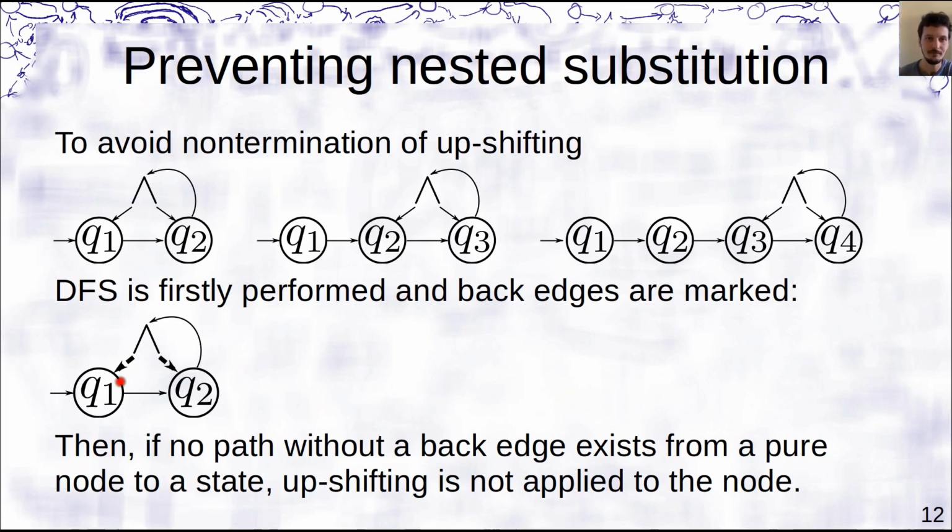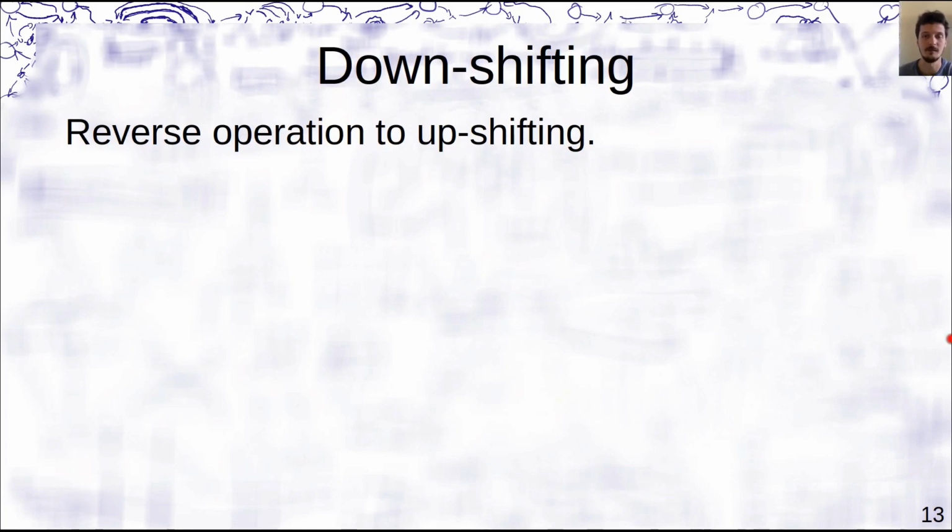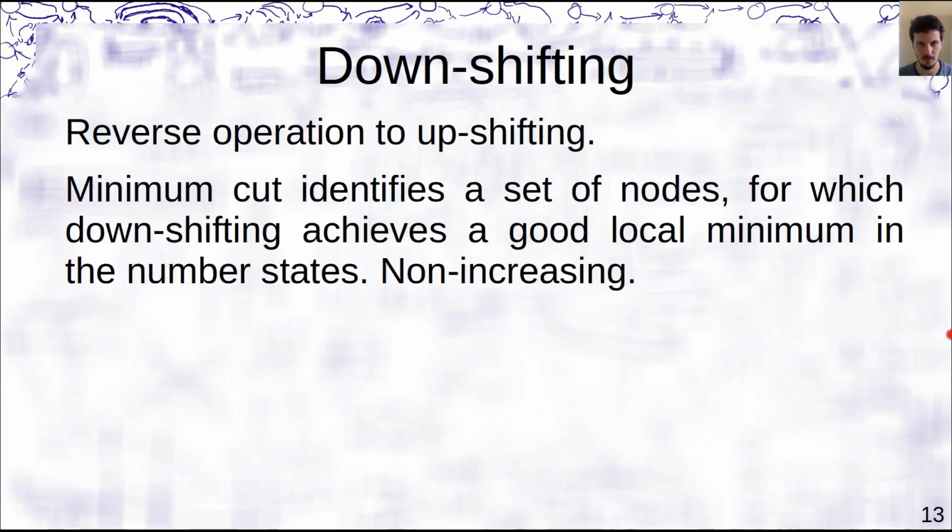Then there is a downshifting procedure, a less successful sibling of upshifting. It is used to reduce the number of states. A single downshifting operation is exactly the opposite to a single upshifting.